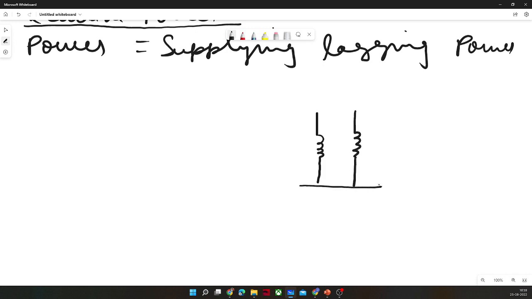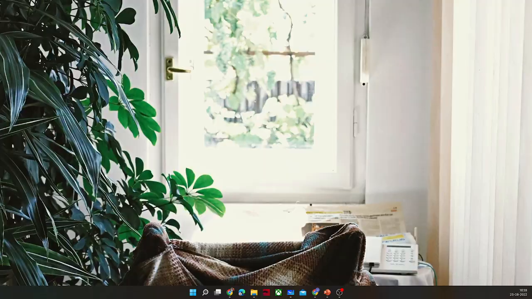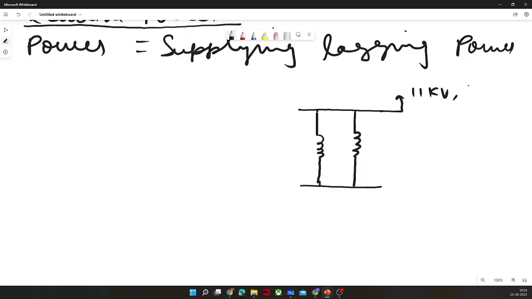Generally, what we assume in UG courses is that armature resistance is negligible. Now, this is the bus here. This means 11 kV grid and 500 MVAR, I guess. This is the rating of the grid.